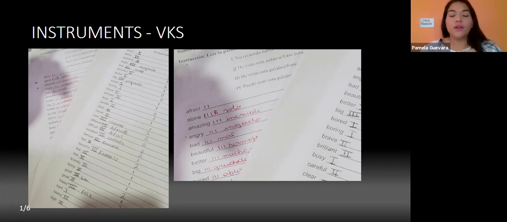Okay, so this was the test only for vocabulary knowledge. The first three levels were to know if they recognized the word or not. But the last one, number 4, says, I can use the word in a sentence.